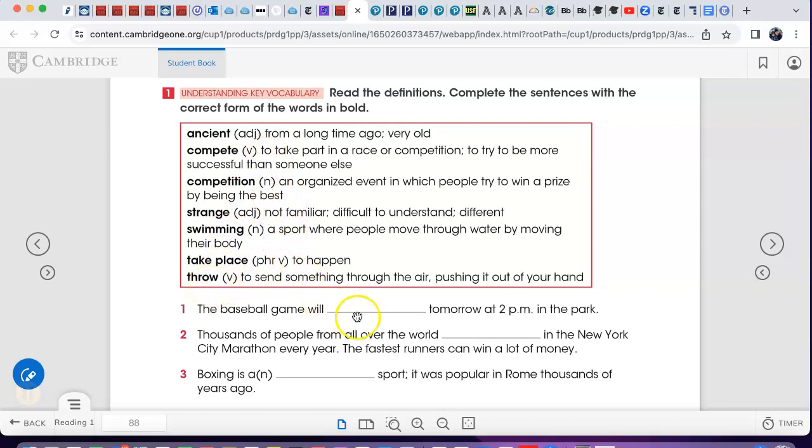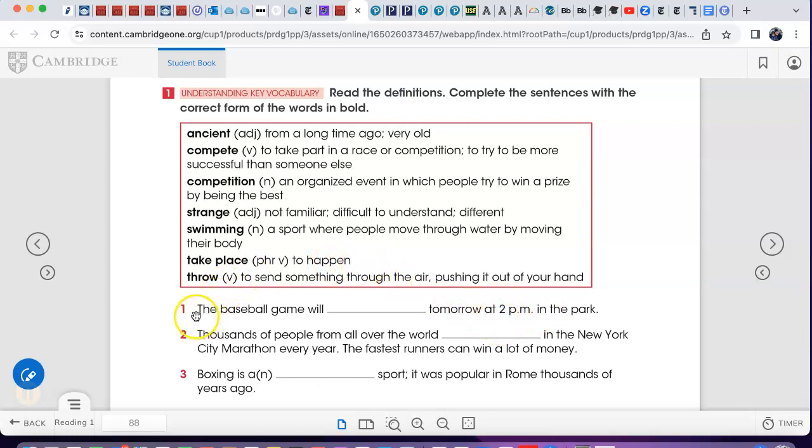Those three are verbs. We need a verb here because of the auxiliary modal will. Will something, right? Will and then an action. Compete tomorrow? A baseball game cannot compete. Only people can compete, right? Take place, happen. That actually might work because we're talking about when something will happen or take place.